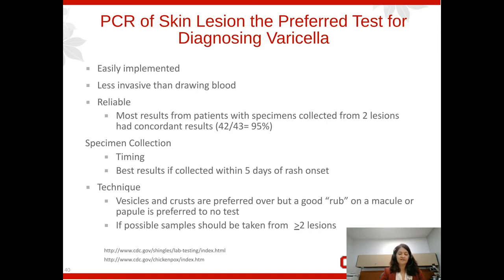Vesicles are preferred over crusted lesions because the viral loads are higher there. But a good rub on a macule or papule could still be sufficient to get an answer. You generally want to collect at least 2 lesions to get a good specimen, and there is really good correlation of sensitivity when doing PCR from the skin lesions.